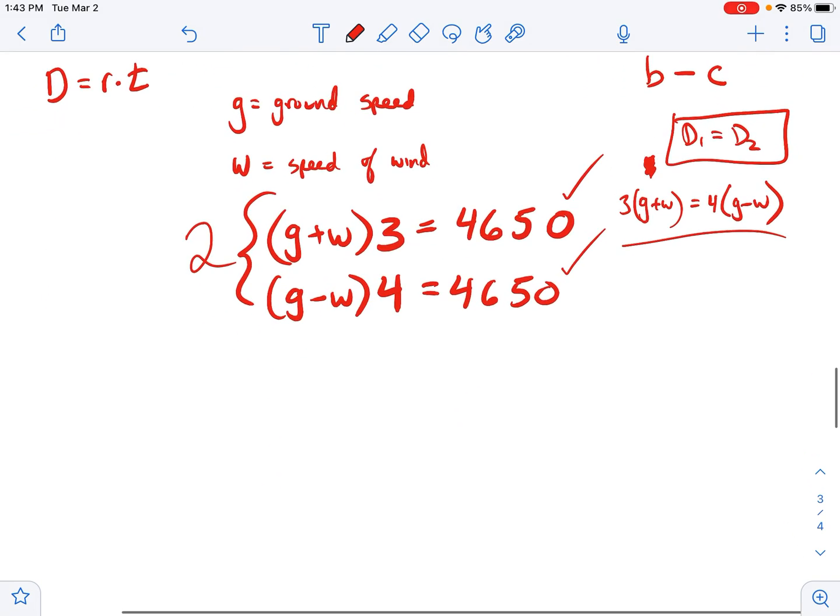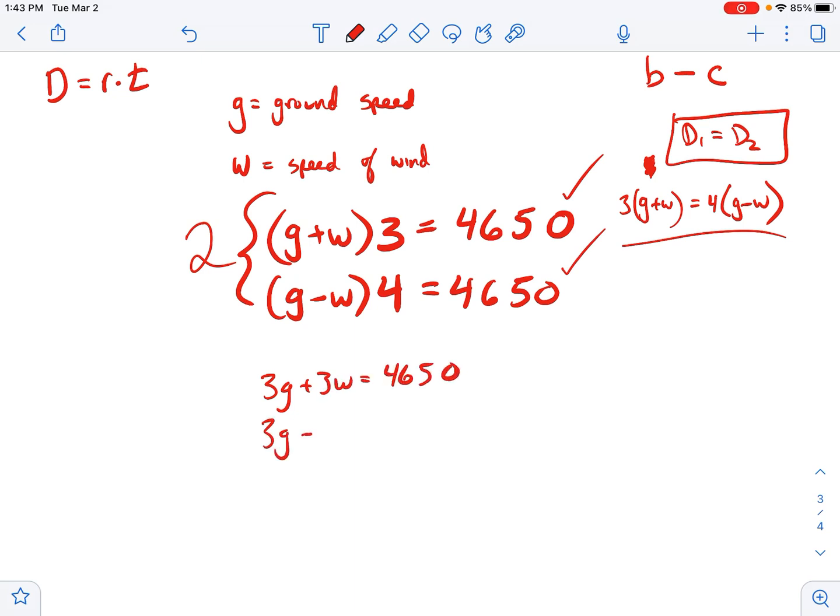So go ahead and solve that out. I'm going to divide both sides by 3.